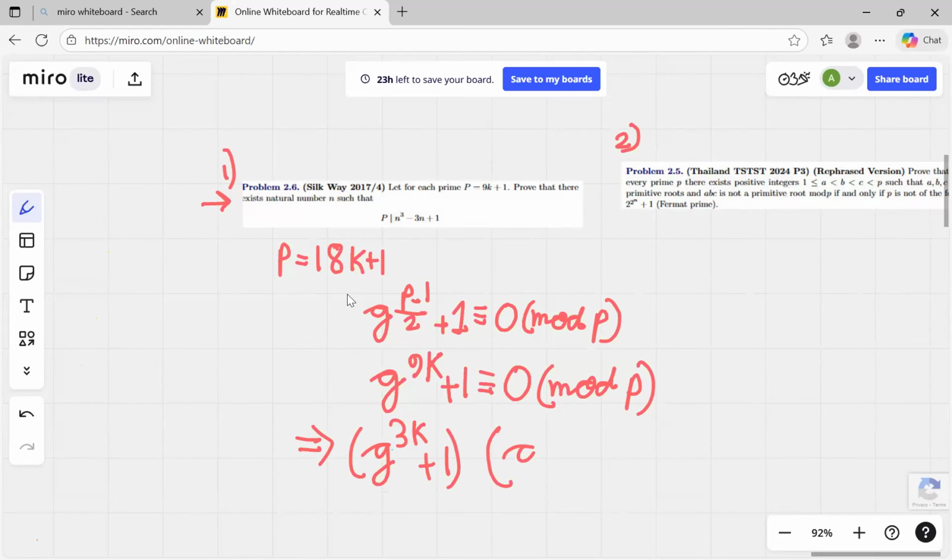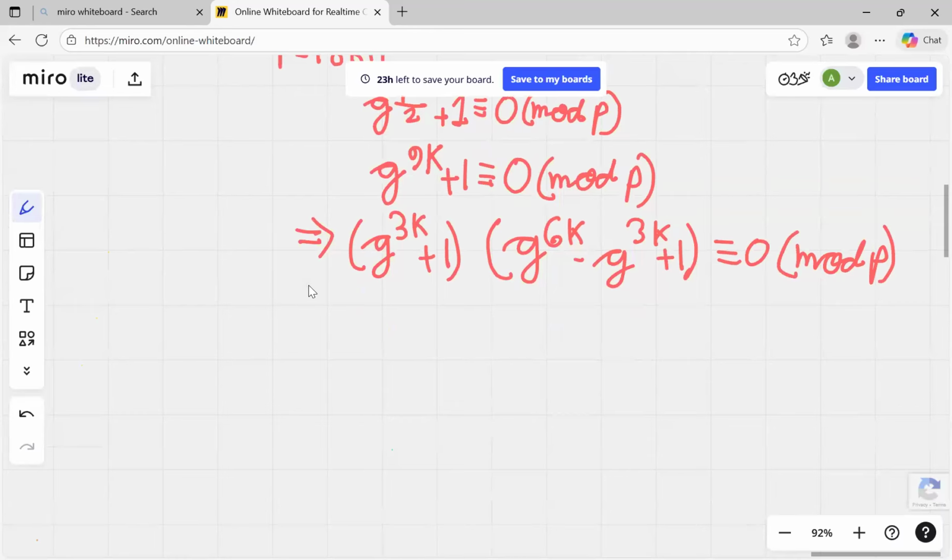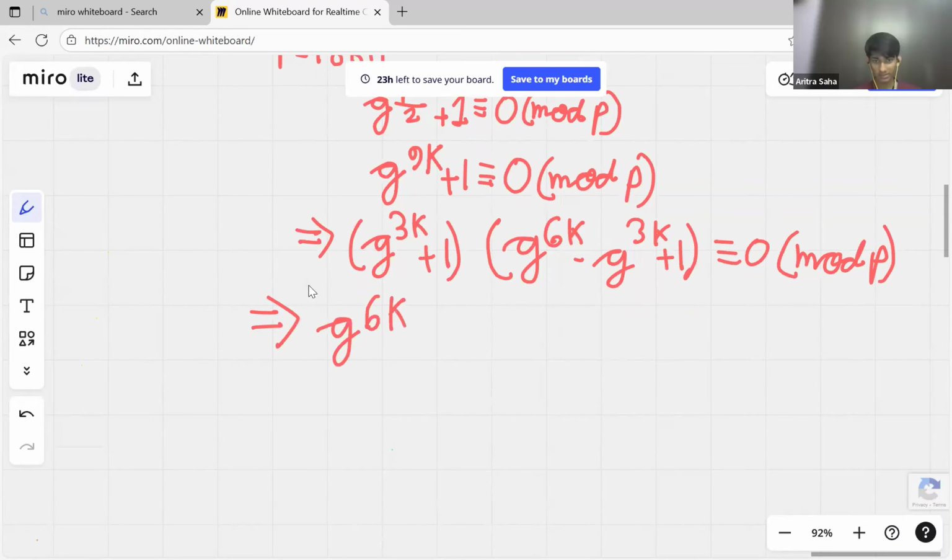Just see if I'm factorizing correctly or not. Now see, g to the power 3k plus 1 can't be 0 mod p, because that means g to the power 6k is 1 mod p. Do you see that? Yes. So it's not 1, so we'll have g to the power 6k minus g to the power 3k plus 1 to be 0 mod p.